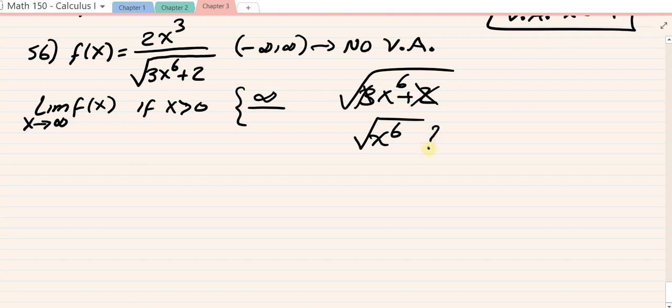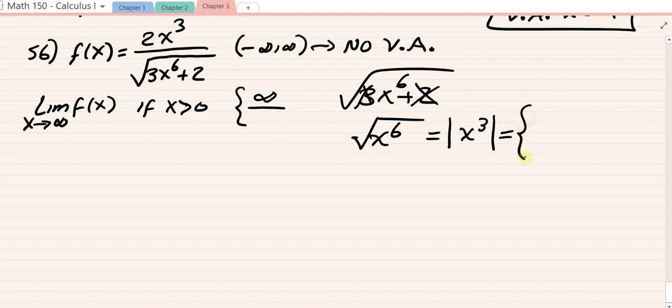So the question is, what is that limit as x goes to infinity? Well, what is the square root of x to the 6? Going back to our algebra days, because we're looking at the principal root, it's going to be the absolute value of x cubed, isn't it? That guarantees that the answer is going to be positive.